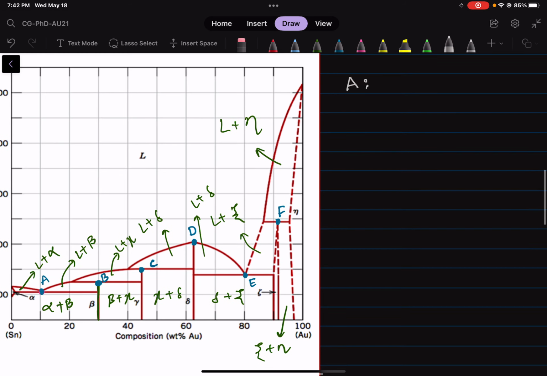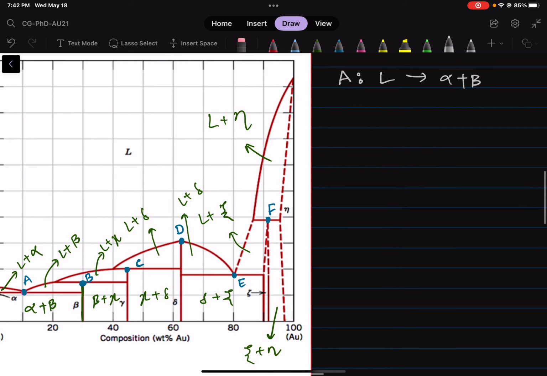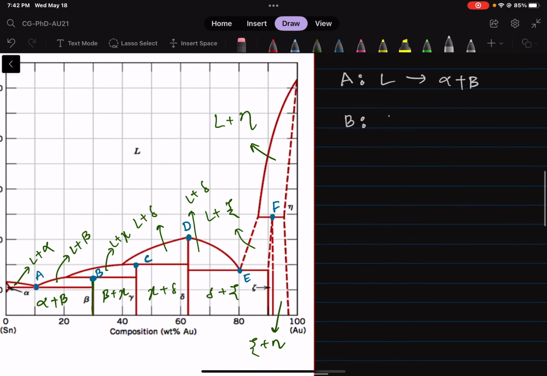At point A, you will notice that you have a transformation from liquid to two solids, alpha and beta. At point B, you have liquid plus gamma transforming to one single solid, which is beta. At point C, you have liquid plus delta transforming to gamma.